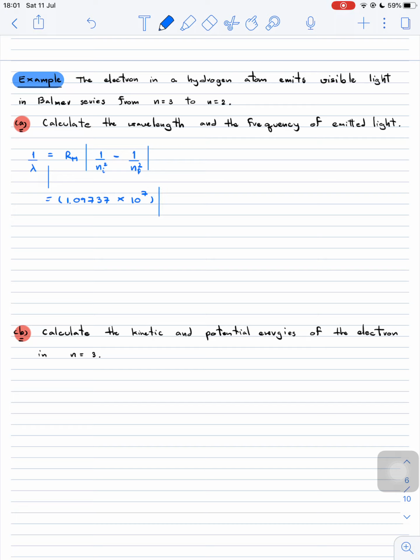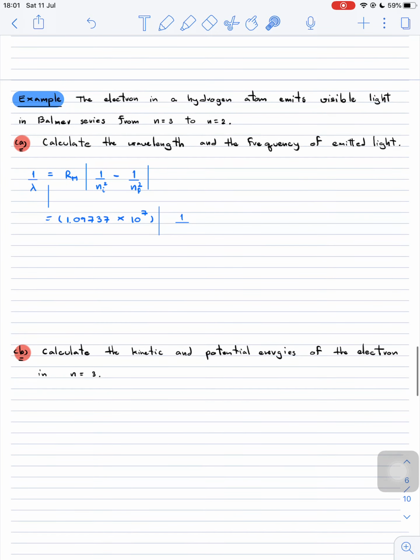And the absolute value of 1 over Ni squared: from n equal to 3 to n equal to 2, so this will be the initial state and this will be the final state. So Ni equal to 3, we have 3 squared, and then minus 1 over Nf, so we have 2 squared here, and that's it.